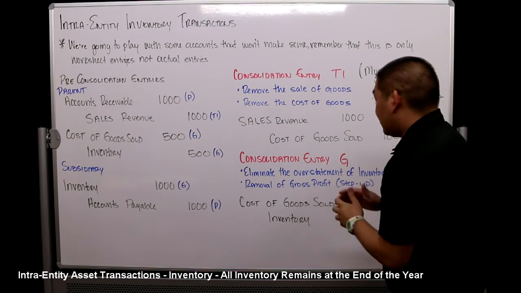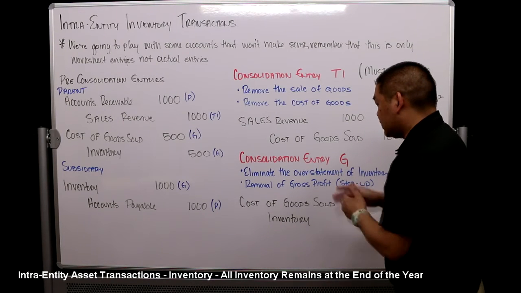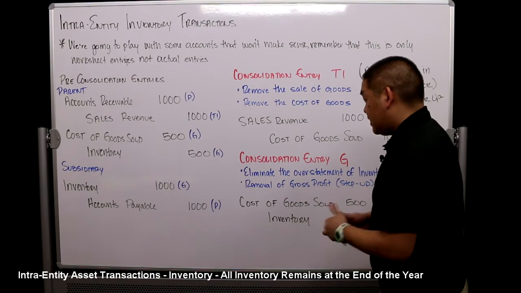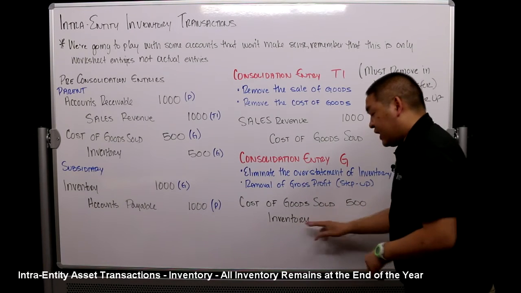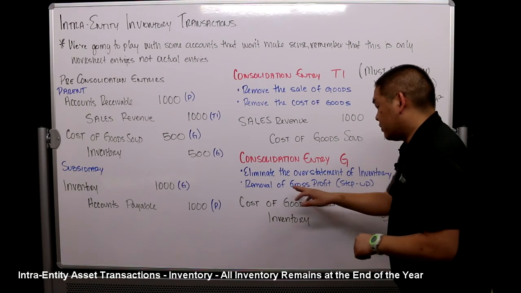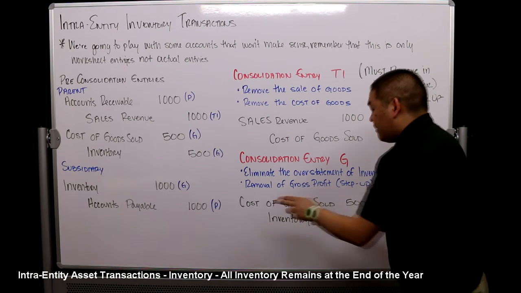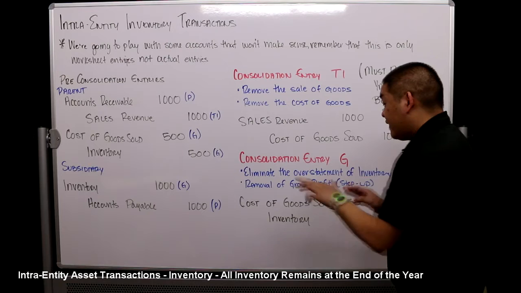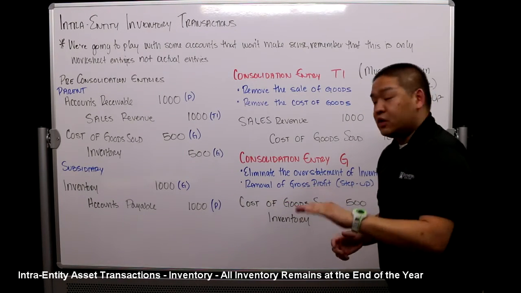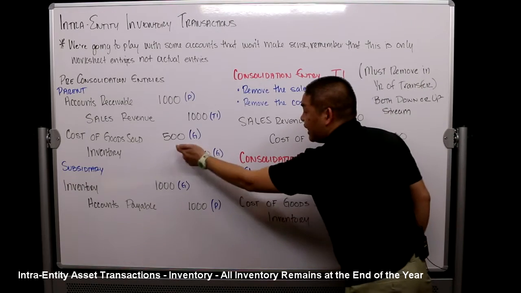So consolidation G's job is to eliminate the overstatement of inventory. We eliminate the overstatement of inventory by crediting inventory, and theoretically what we're also doing is removing the gross profit by debiting that cost of goods sold, which then removes those three entries.